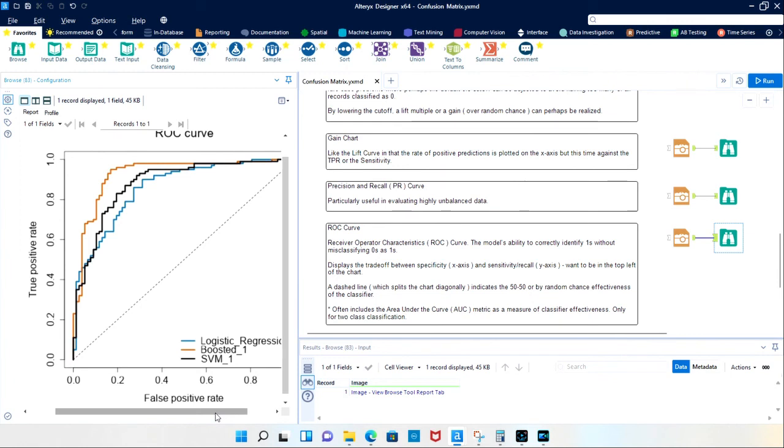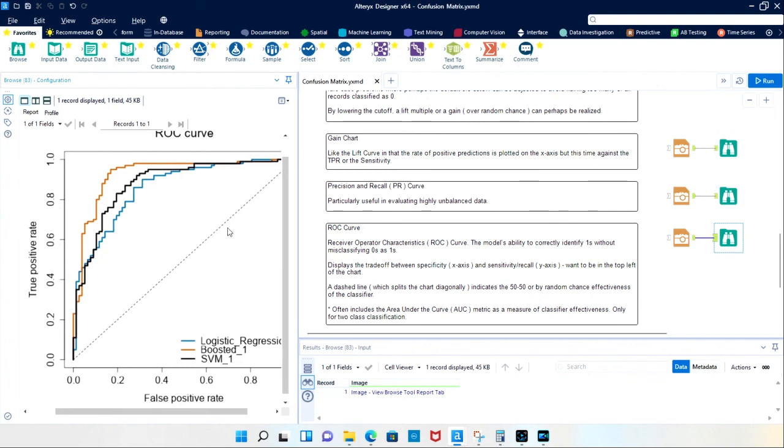But this is perhaps the time where you would probably make a note, and you would have to take this up with experts and other folks that are much better versed in this particular terminology. Continuing on, the dash line, which splits the chart diagonally, right?